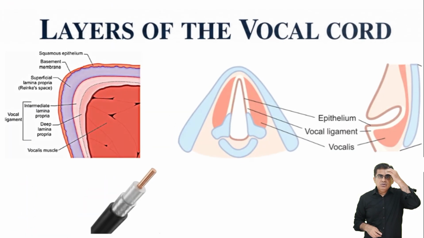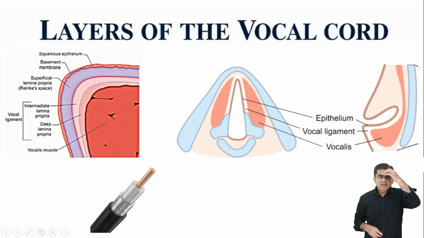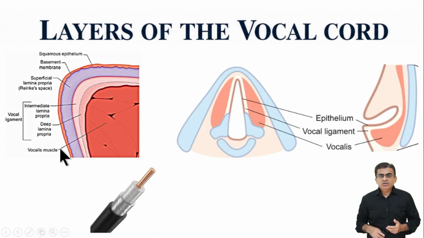Let us now quickly revise the exact anatomical layers of the vocal cord. To the naked eye, it looks like a simple band of tissue. But for a laser surgeon, it is a highly complex structure. I want you to think of the vocal cord exactly like a thick electrical cable. If you carefully peel off the outer plastic cover, the cable still works perfectly.